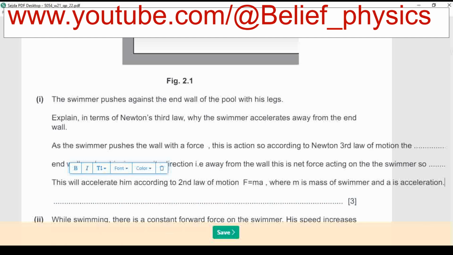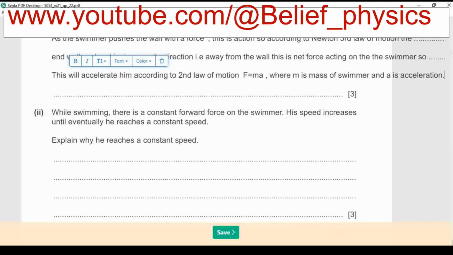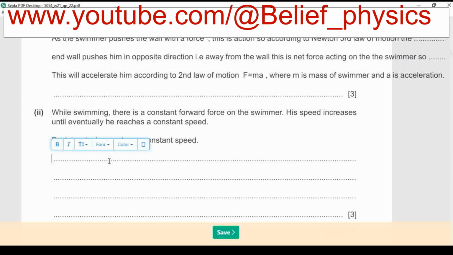Next part is, while swimming there is a constant forward force on a swimmer. His speed increases until eventually he reaches a constant speed. Explain why he reaches a constant speed. Look here, now the swimmer is moving in a fluid. When somebody is moving in a fluid, then the fluid resistance acts on the moving body and it increases with the increase in speed of the body in the fluid.